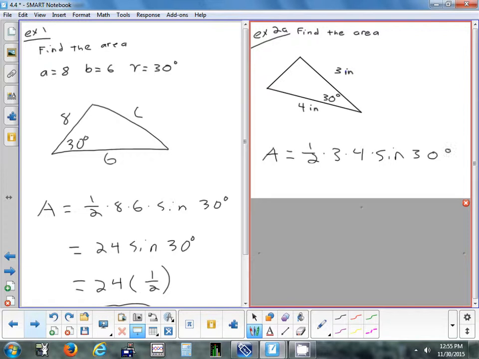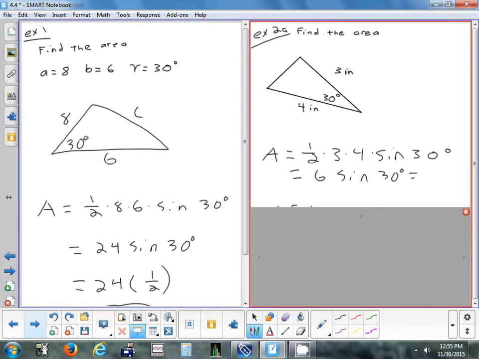Now just multiply everything out left to right. Half of 3 gives me 1.5. 1.5 times 4 is 6. Or you can think of it as 3 times 4 is 12, and then half of 12 is 6. It doesn't matter how you think of it. Sine 30. What did I say earlier?